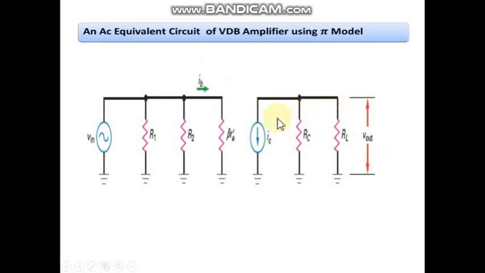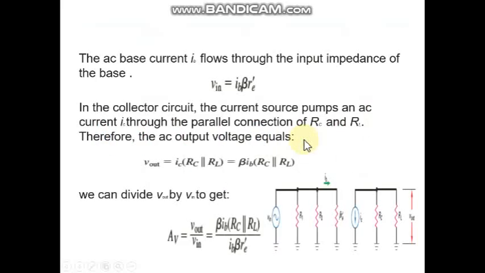So V out is equal to IC into RC parallel RL, and for IC we can write beta IB. This is the AC current gain beta.